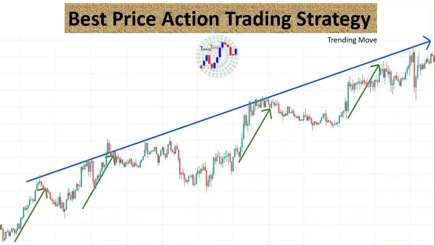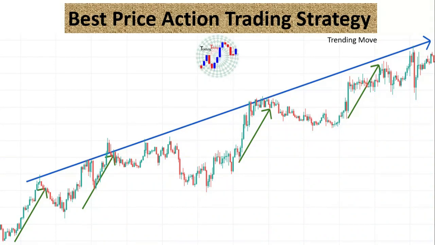Now let me talk about retracement moves. A retracement move is the shorter leg of the trend. If the candles are larger, it signals the counter-trend pressure is increasing. If the candles are small, it's a healthy pullback and the trend is likely to resume.